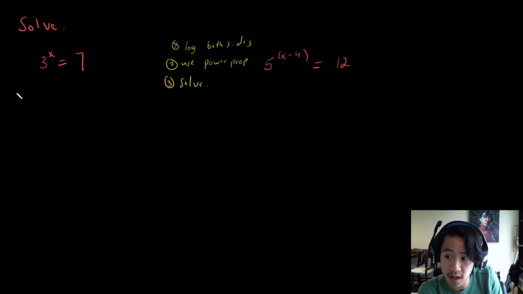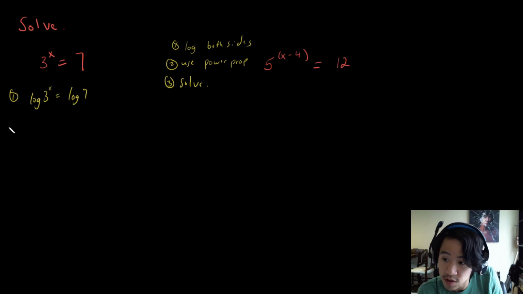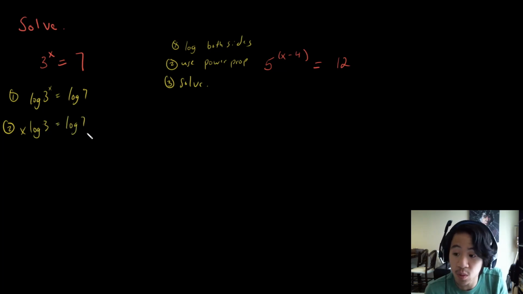First step, let's log both sides. So log of 3 to the x is equal to log of 7. Now, second step, let's use the power property. Right now we have 3 to the x inside our log, so we take that x outside to get x times log of 3 equals log of 7. Now solve for x.